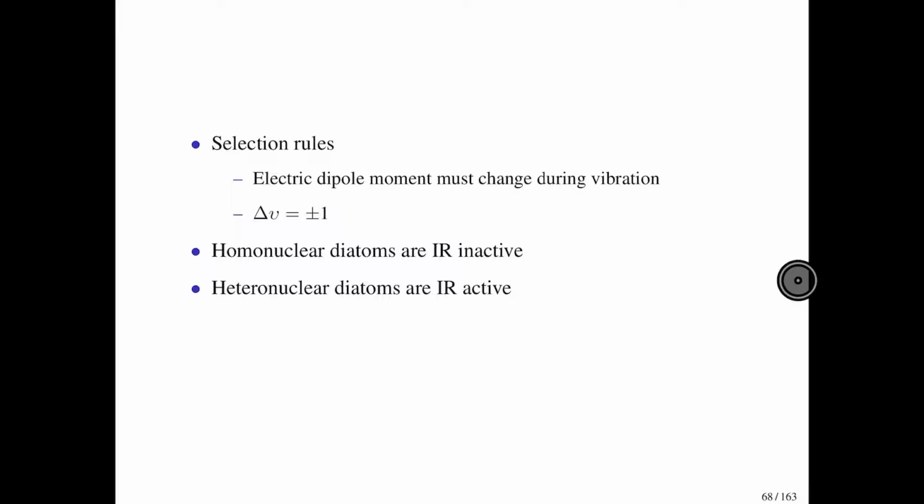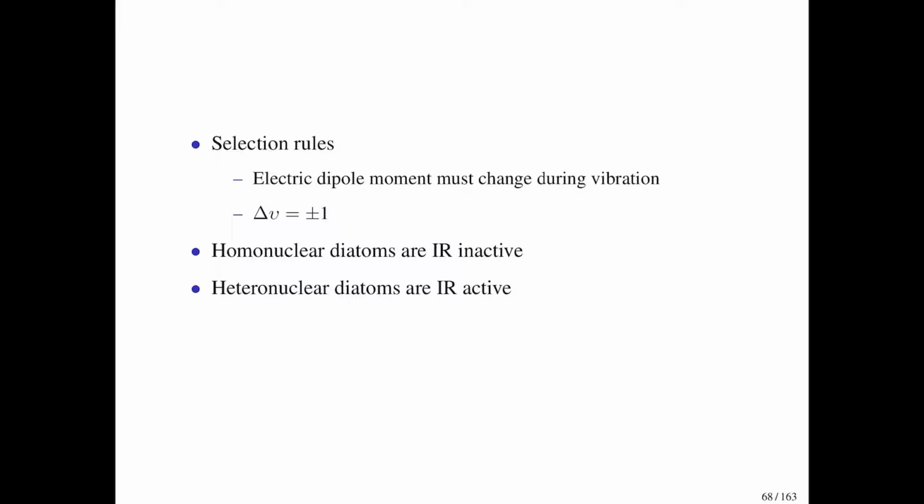Selection rules are important in spectroscopy, and if you calculate the transition dipole moment for different possible spectroscopic transitions involving the harmonic oscillator model, what you find is the gross selection rule that the electric dipole moment of the molecule must change during the vibration. And for heteronuclear diatoms, that's certainly true.